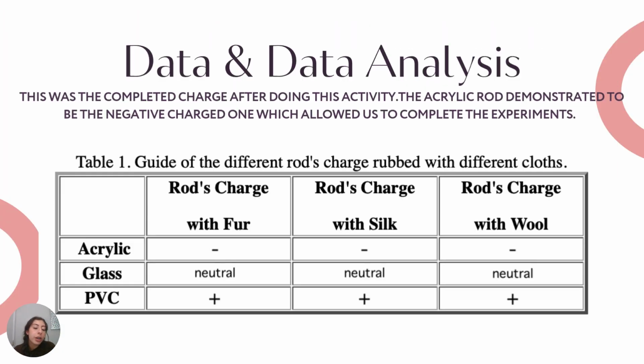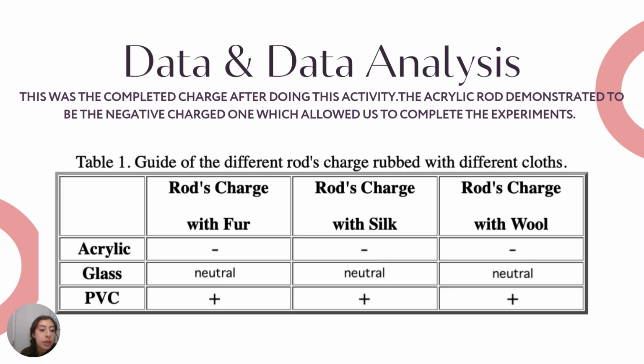So here are our observations recorded into the table, and we saw that the acrylic rod would show more of a negative charge with the different pieces of cloth. The glass, we really didn't see any change. It mostly stayed at zero, so we recorded it as neutral.